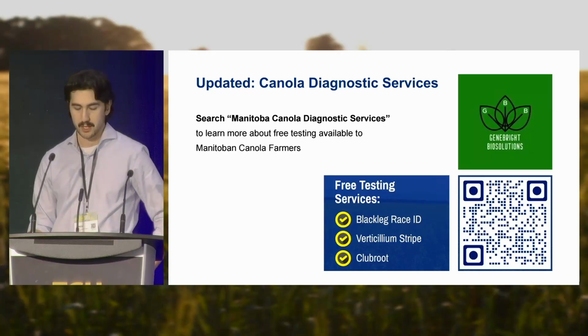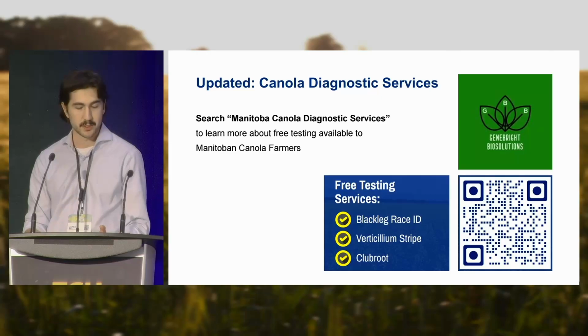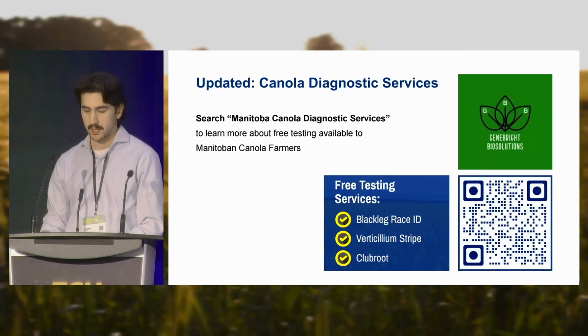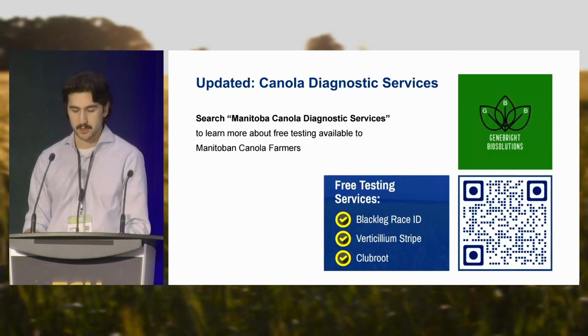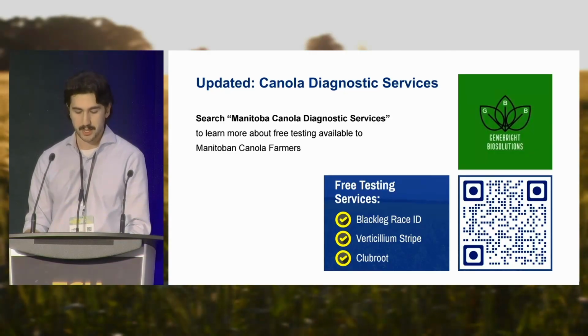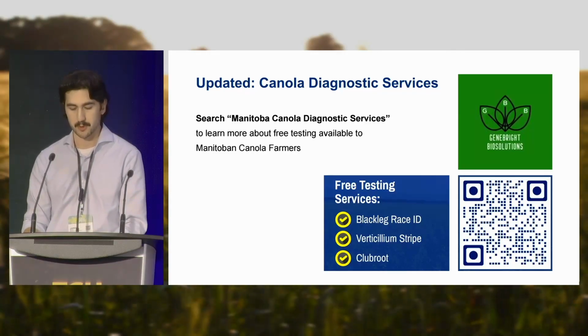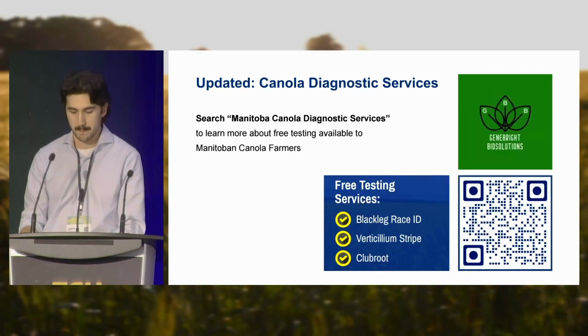We've also updated Manitoba's Canola Lab Diagnostics program. We are continuing with free testing to help Manitoba growers identify and manage crop diseases. The MCGA's Crop Diagnostic Services provides molecular analysis and interpretation for actionable results to support farmers in their in-field decision-making and also boosting productivity.